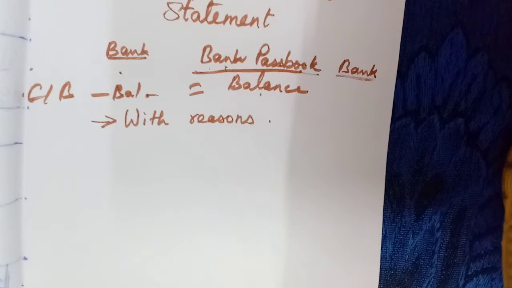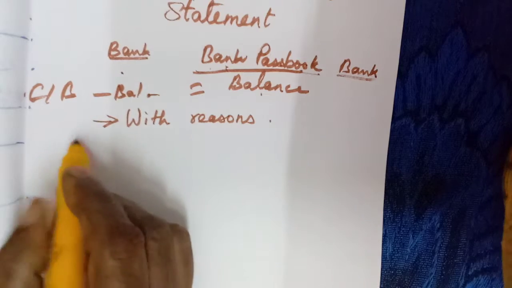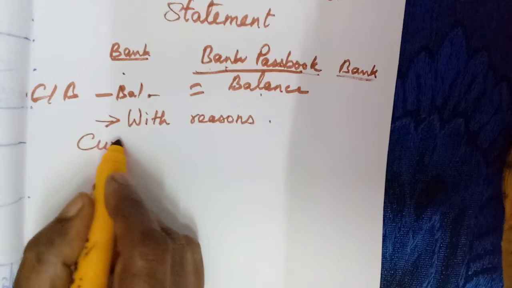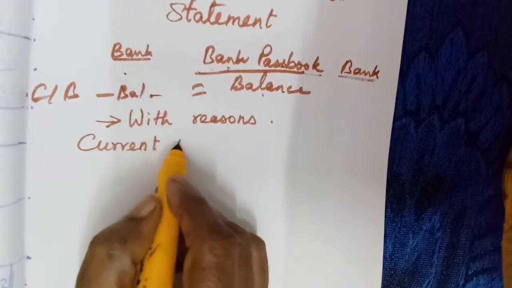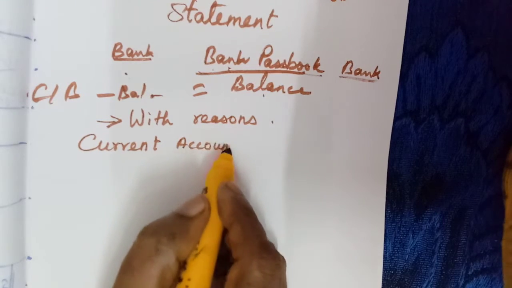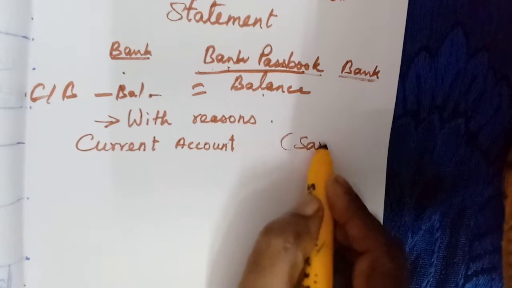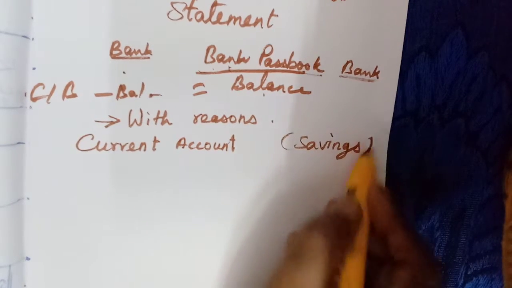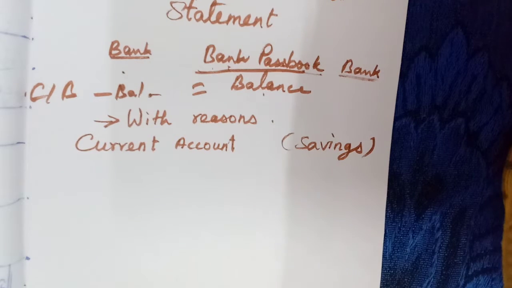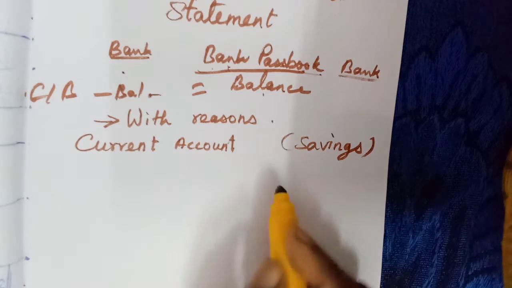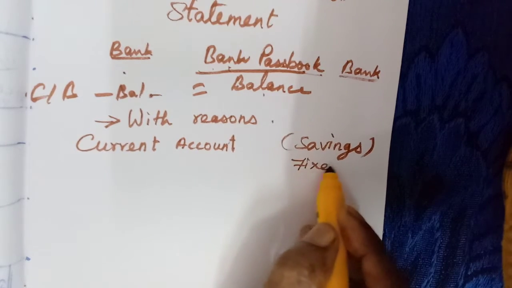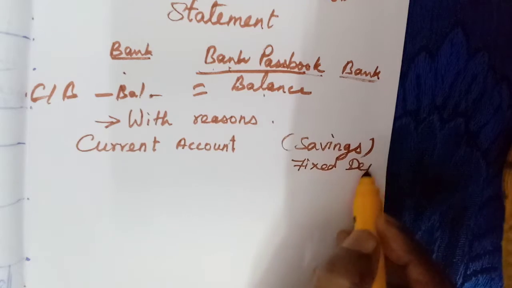Business people, because we are learning this related to business concerns, can open a special account called a current account. All the accounts that ordinary people open are savings bank accounts. Then if we have deposited a large amount, that is called a fixed deposit account.